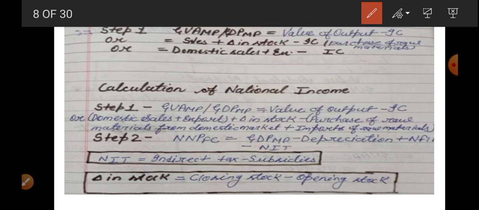So in this way, we are able to calculate NNP FC. Okay, NIT, how do we calculate NIT if it is not given directly in the question paper? Indirect tax minus subsidy. Change in stock, how do we calculate? Closing stock minus opening stock. So if you remember all these equations, there should be no problem when you are attempting any numerical question.